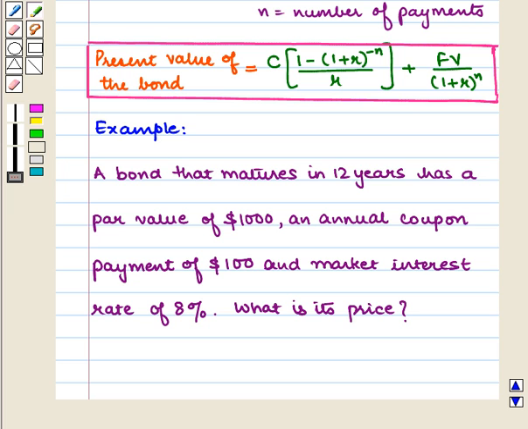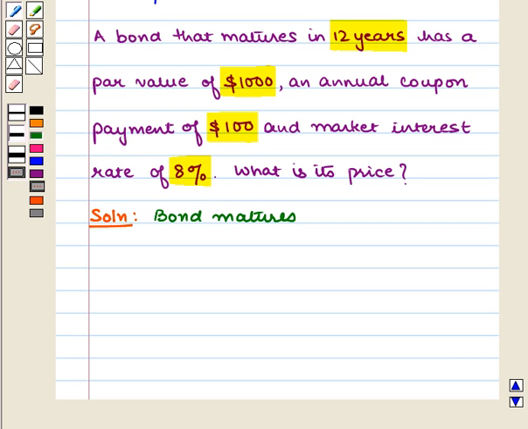A bond that matures in 12 years has a par value of $1,000, an annual coupon payment of $100 and a market interest rate of 8%. What is its price? So here we are given a bond that matures in 12 years.